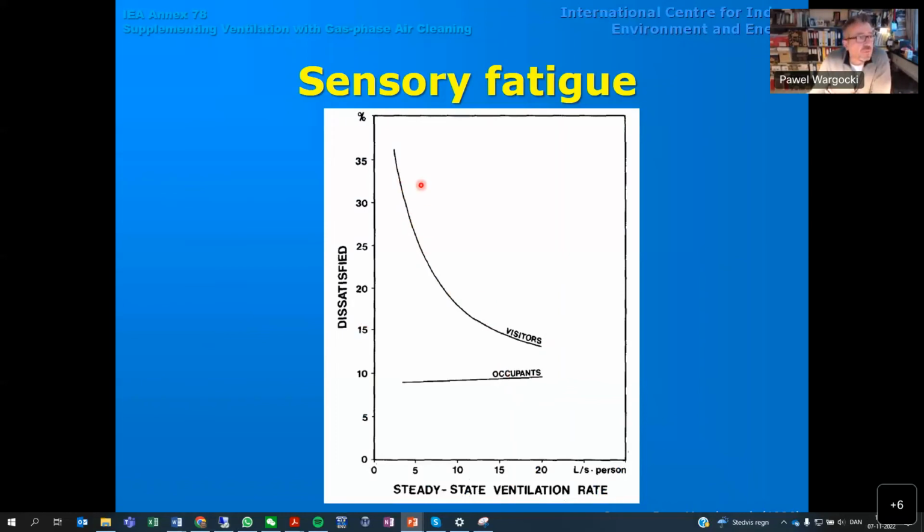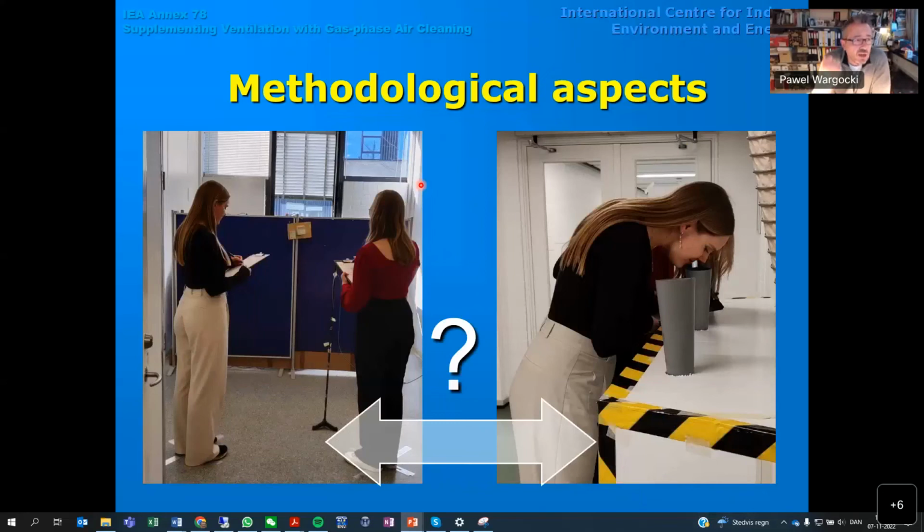Then there is a methodological aspect, which is whether people should enter the spaces and make the evaluation of air quality, or whether we can extract the air from the space where we want to assess the air quality, and use diffusers or special methods of presenting the air under evaluation to people. Principally, there should be no difference.